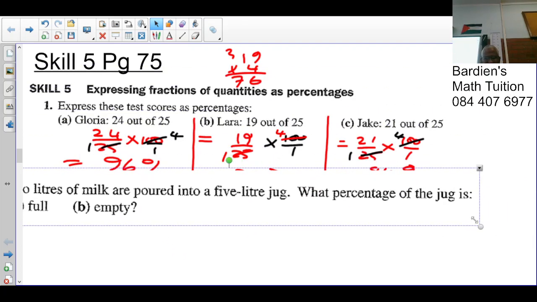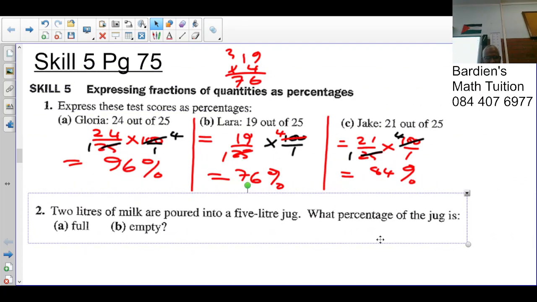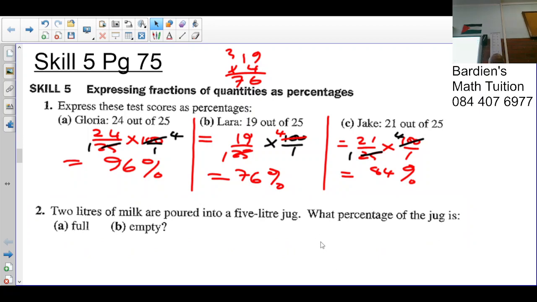In number 2 of skill 5, we are told that 2 liters of milk are poured into a 5-liter jug. What percentage of the jug is full? So you have a 5-liter jug, 1, 2, 3, 4, 5 liters.